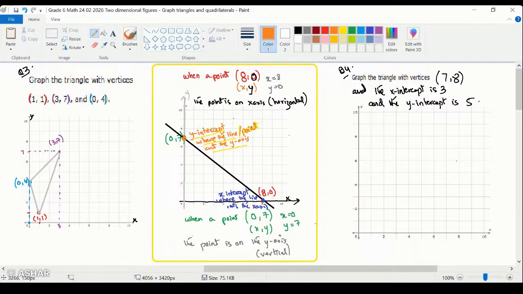That means if it says y-intercept, on the y-intercept, x is always 0. We saw over here that on the y-intercept, the value of x was 0, and y was given to us. So can we say this changes into the coordinate 0, 5?